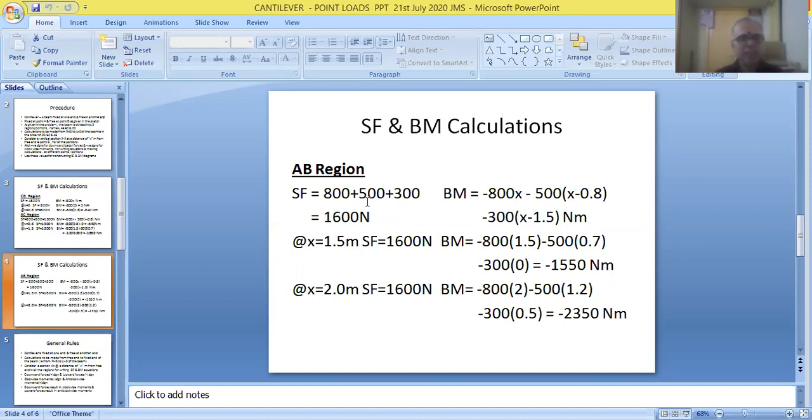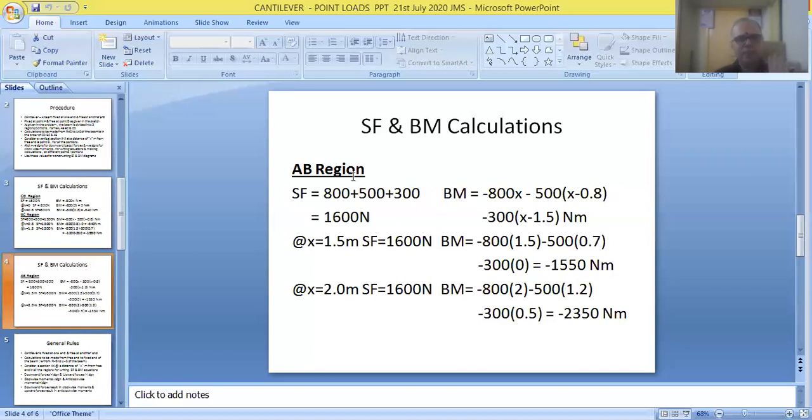This is acting at a distance of x minus 0.8, so we are putting this value. The last one is acting at a distance of x minus 1.5, so it is written as 300 into x minus 1.5. So friends, this is the SF equation, and this is the general equation of bending moment so far as AB region is concerned.